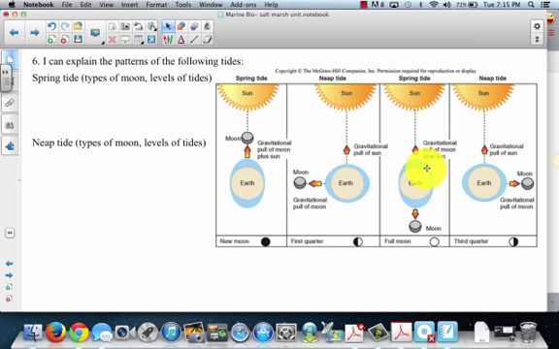So spring tides are bringing the most volume on Earth. Hurricane Sandy actually came during a spring tide, which is why the tidal surge and the storm surge happened at the same time in our area, which is why it was a little more catastrophic.